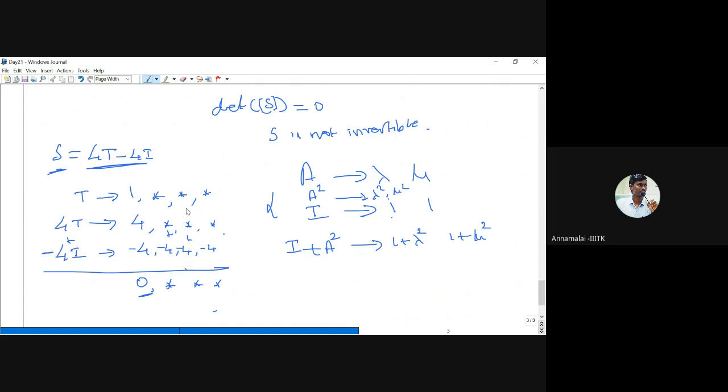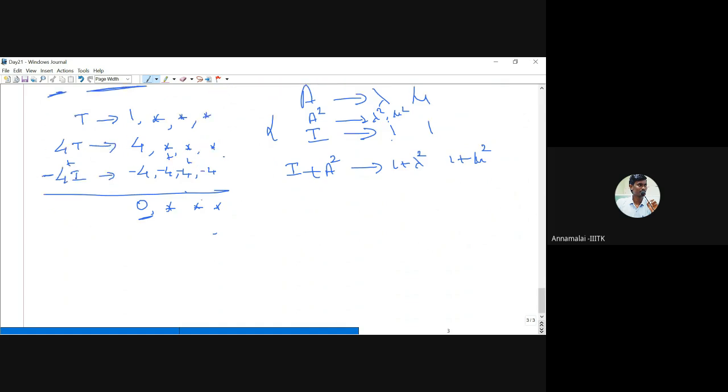Now, one more problem from group theory. In Z60, how many subgroups are there? Okay, in Z suffix 60. This is the fourth or fifth problem.